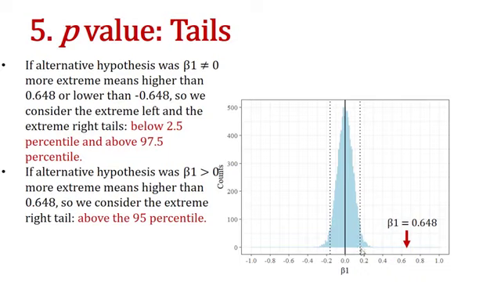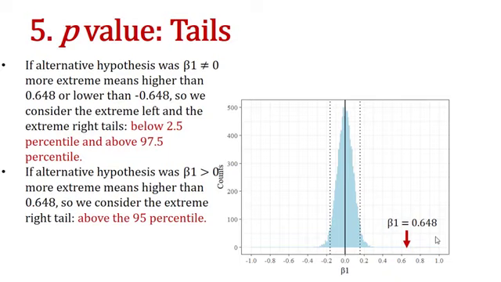So basically if this value is within this interval, then we do not reject the null hypothesis. But if this value is to the right of this line or to the left of this line, then we reject the null hypothesis. In this case it's very much to the right, so we reject the null hypothesis.